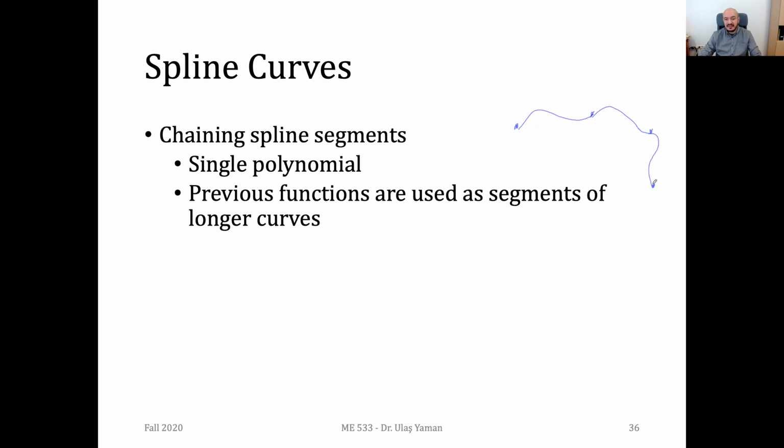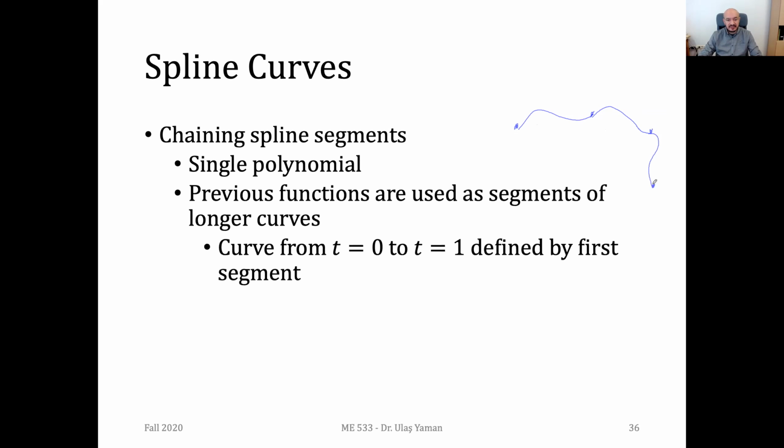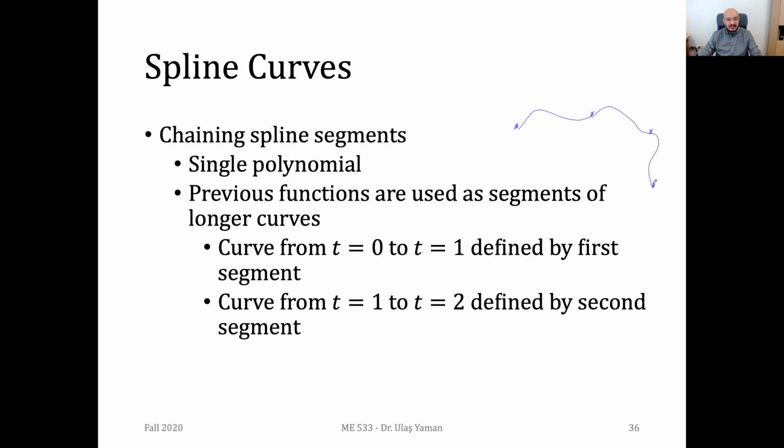If you are joining, let's say, Bezier curves after each other, you need to use the same basis functions. So if your parameter is between 0 and 1, then that value is defining the first segment. But if your t is between 1 and 2, then you will be referring to the second segment in your spline curve.